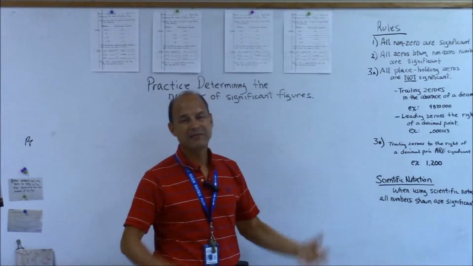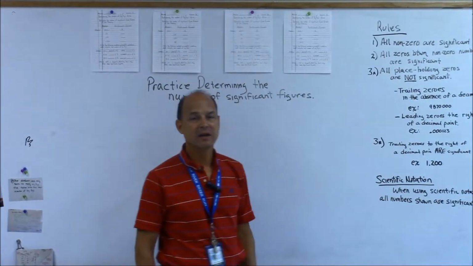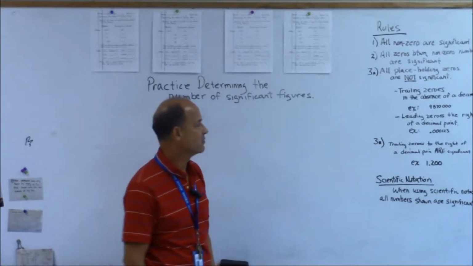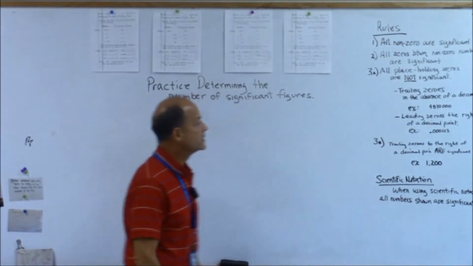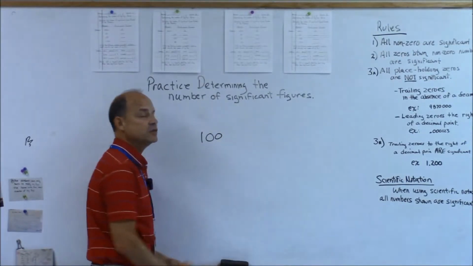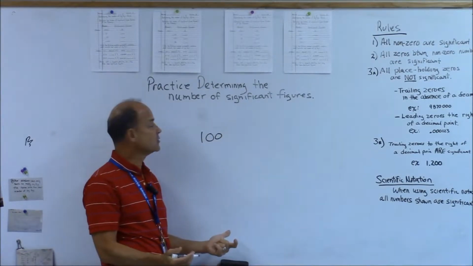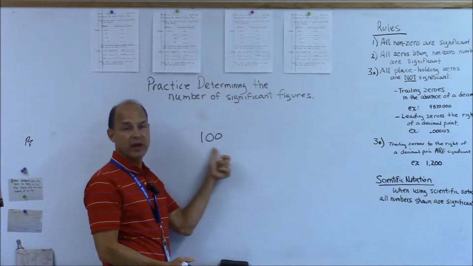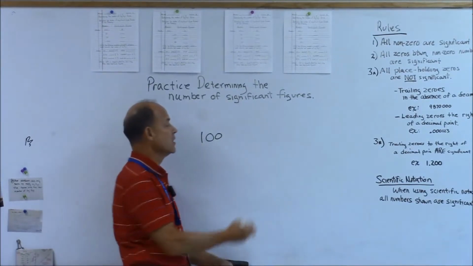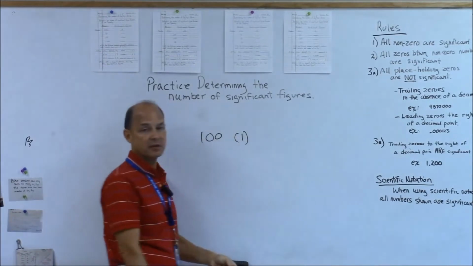And now I feel like maybe I have to expand on my rule number 3. What is a place-holding zero? Well, trailing zeros in the absence of a decimal point. So if I just write the number 100 without any decimal point, these are trailing zeros. They're just holding place, keeping that 1 over in the hundreds column. There is only 1 sig fig here.